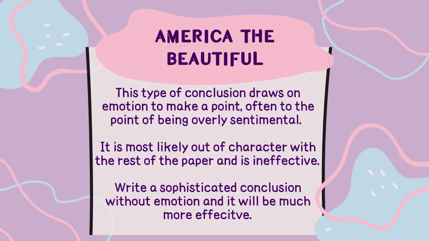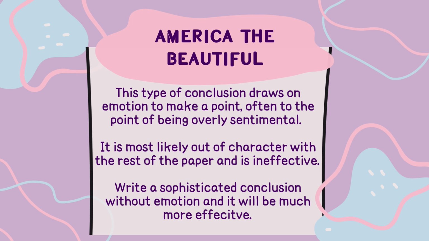Our next type is what I call America the Beautiful. This is where the conclusion draws on the emotion of the reader to make a point, and you do it to the point of being overly sentimental. You're going to go in there and talk so wonderfully about the person or the topic that you wrote about that you're like, oh, America is just so beautiful. It's great. They're the best thing that's ever happened. Let's go, America. It's not what we're doing, right?